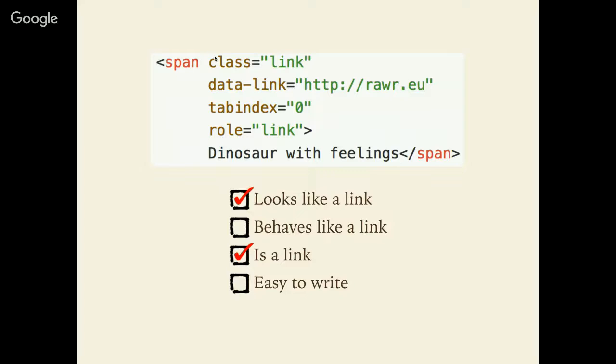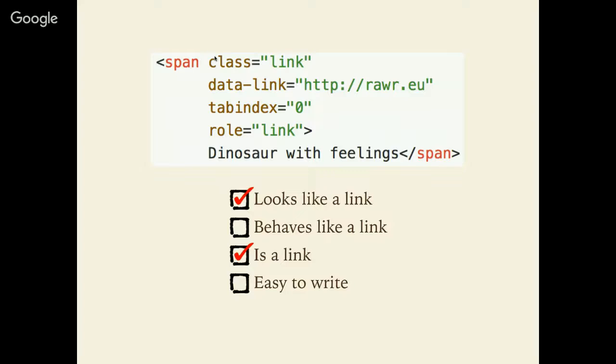Because of the role, which is an aria attribute, the span is now exposed as a link, and with the tab index attribute, you can now actually tab to it. So somebody that uses the tab key to move through the website can now get to it and activate it with either the return or spacebar, if that behavior is added via JavaScript.